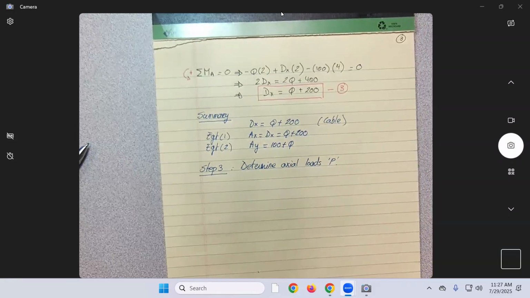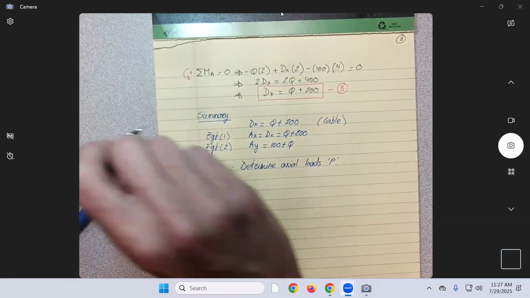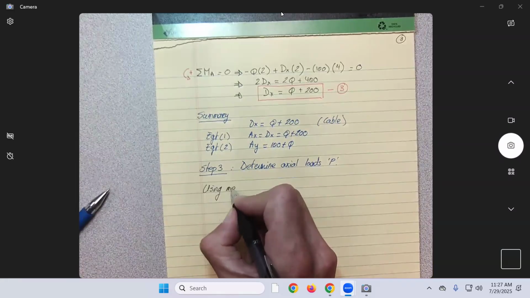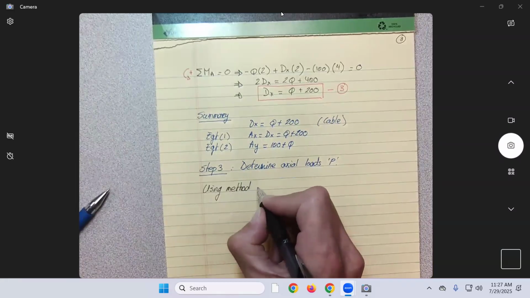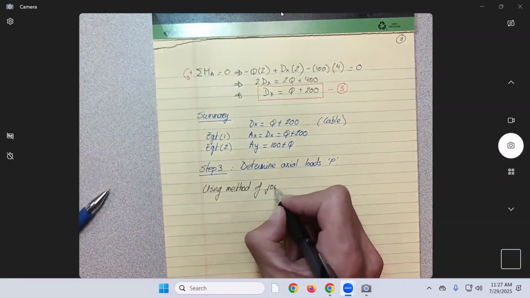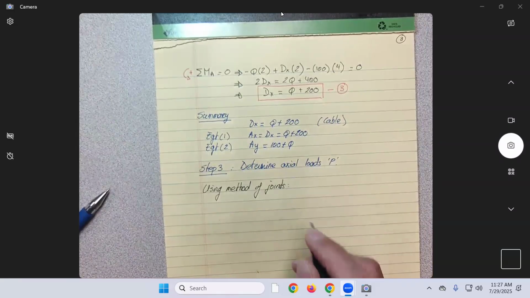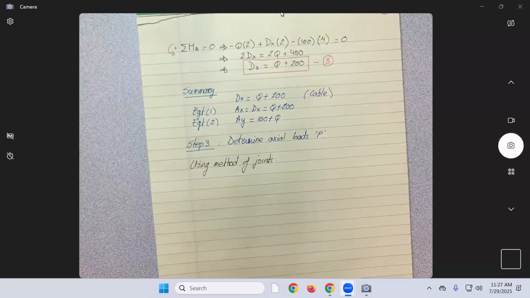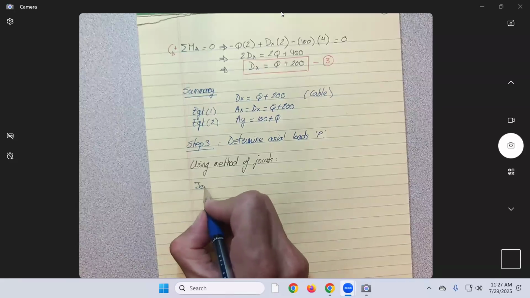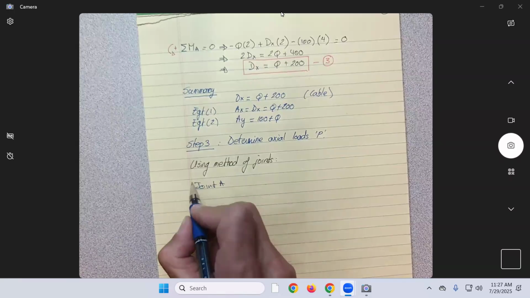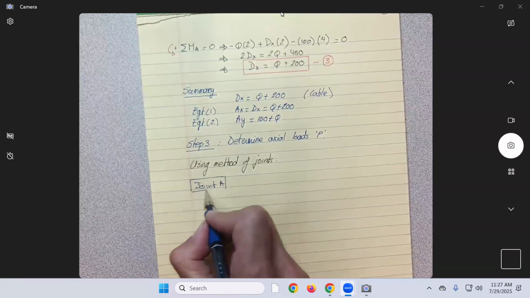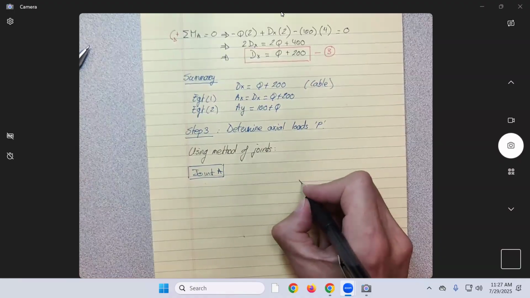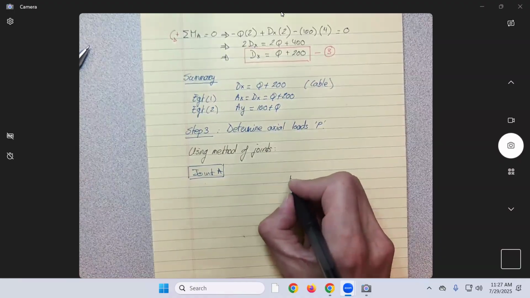So what do we use? This is statics. So a long time ago, using the method of joints. So let's say we first go to joint A. Like always, the procedure is what?